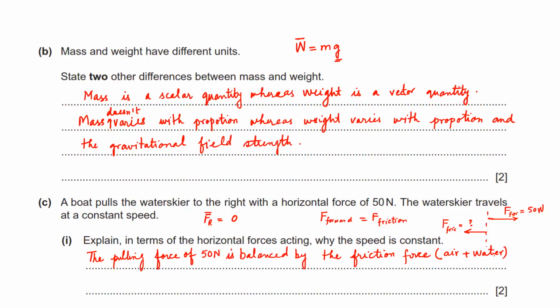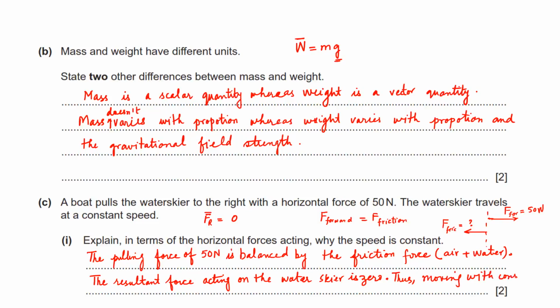The water friction or the air friction balances it, the resultant force acting on the water skier is 0, thus moving with constant speed.